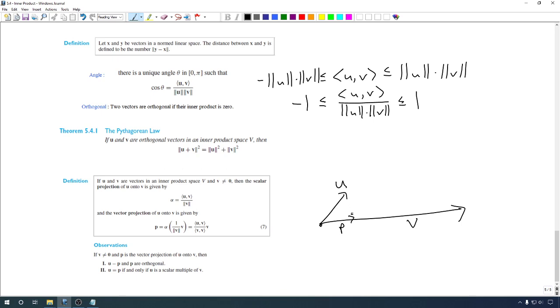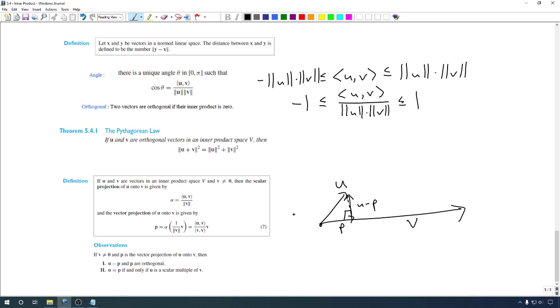That's related to our u. It's the projection. We just think of this as kind of moving down to here, kind of the shadow on v. And then u minus p would be the vector here. And those are supposed to be at right angles.